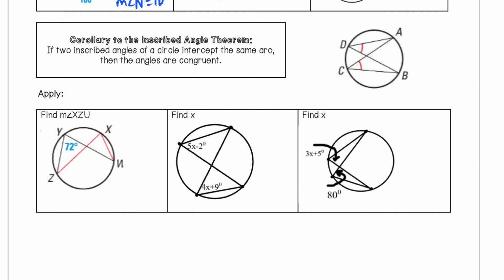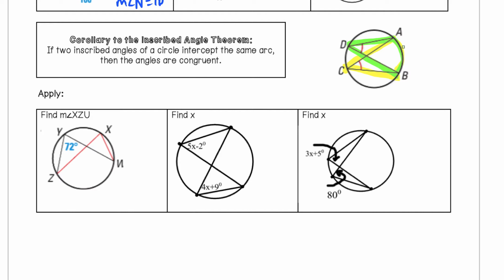You can see in this diagram that we have an angle ACB, where C is on the circle, so it is an inscribed angle, and its intercepted arc would be the arc AB. We have another inscribed angle, angle ADB, and that also has an intercepted arc of AB.